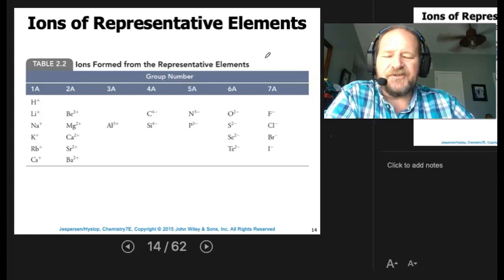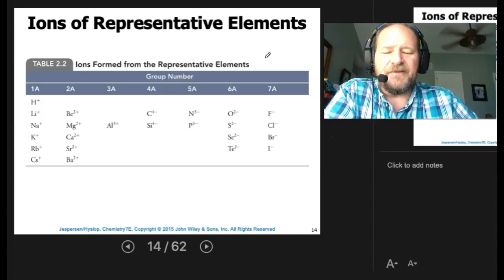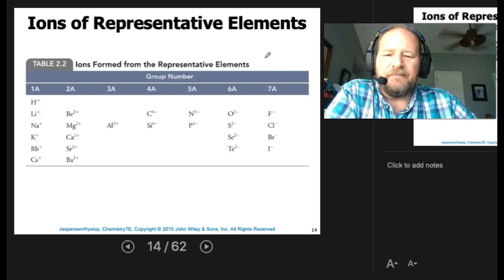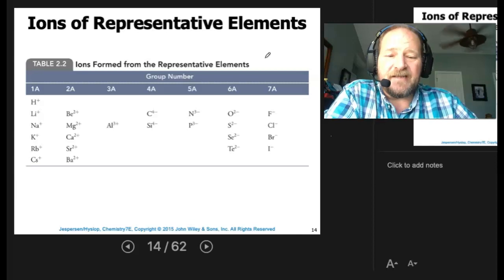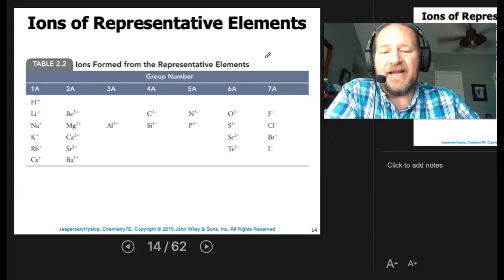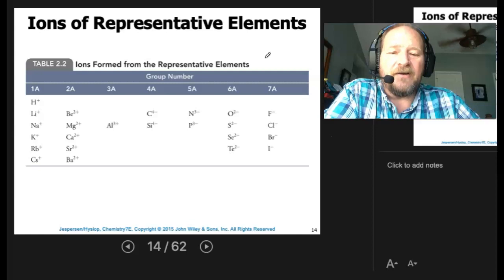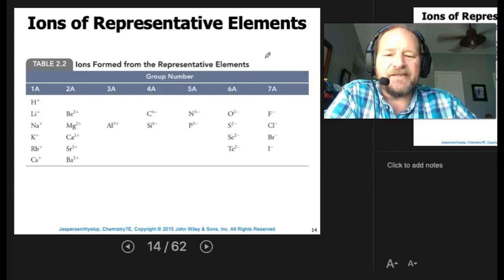It really depends on the situation, and has a lot to do with electronegativities. There's a lot of little details that we haven't discussed yet, as well as bonding and connectivity and structure. Once we get into some of those things, we'll start to look at some of the exceptions. In fact, a lot of times I'll point out the exception and ask you your thoughts on it. How is it an exception and why? Or how can we make sense of that? Or how is it stable this way?